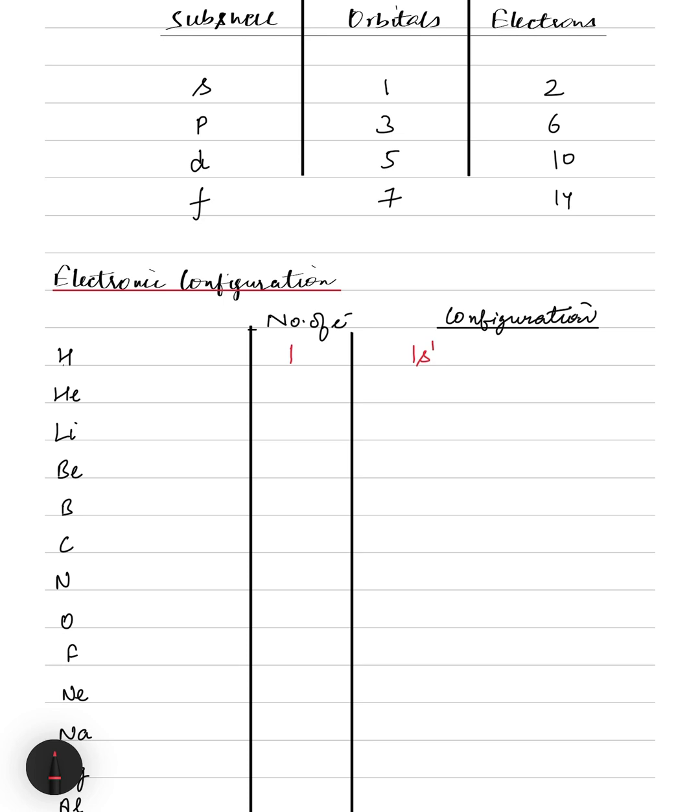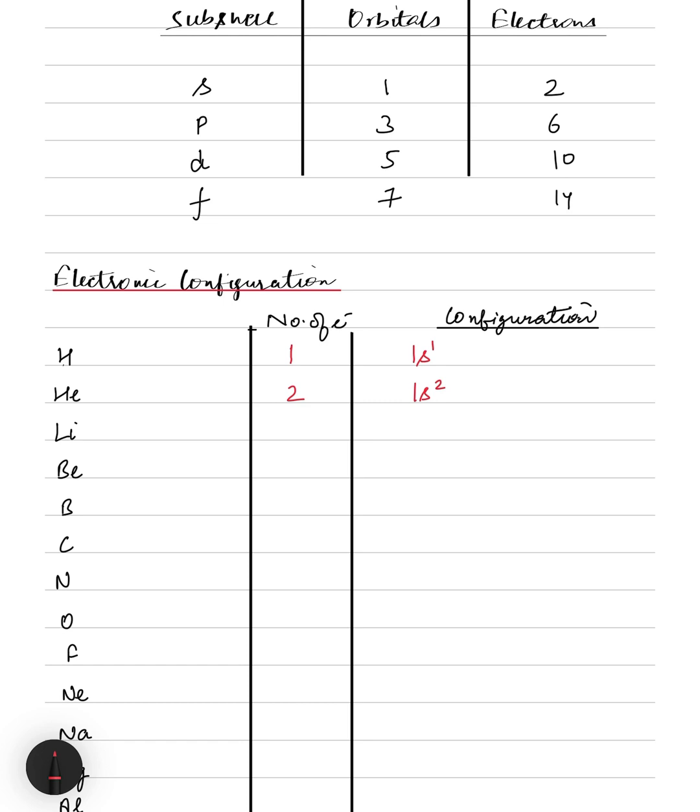This superscript indicates the number of electrons present in that subshell, right? Like in the case of helium, there are 2 electrons, so it will be 1s2. Why have we written 1s2? Because the s subshell can accommodate a maximum of 2 electrons, right? In the case of hydrogen, since there is only 1 electron, we write 1s1.